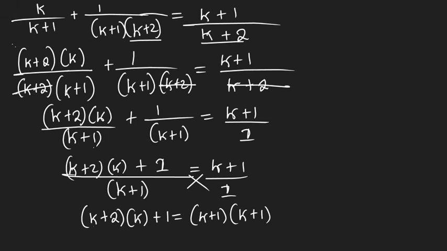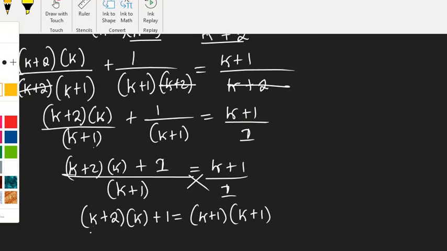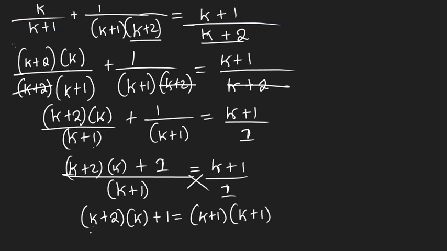K multiplied by K, it's going to become K power 2, plus 2 multiplied by K, it becomes 2K plus 1.